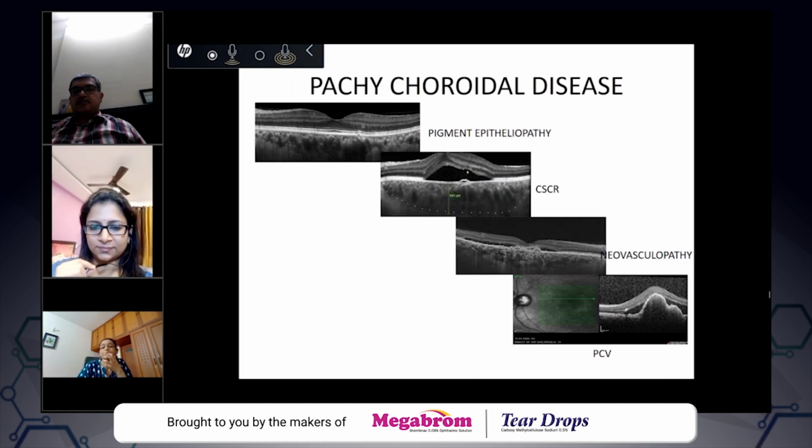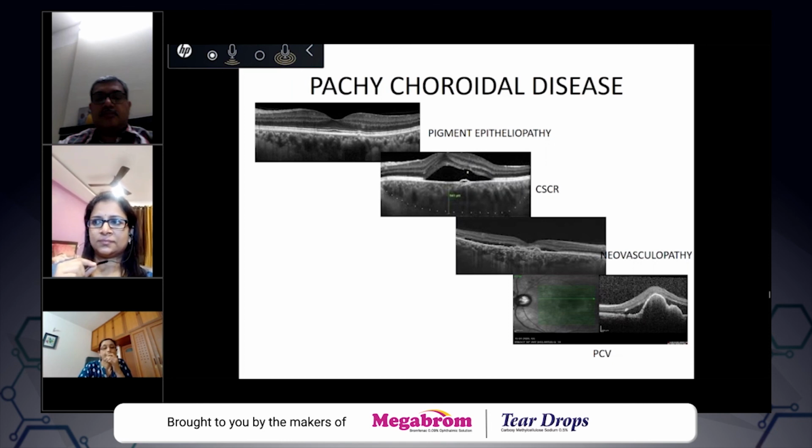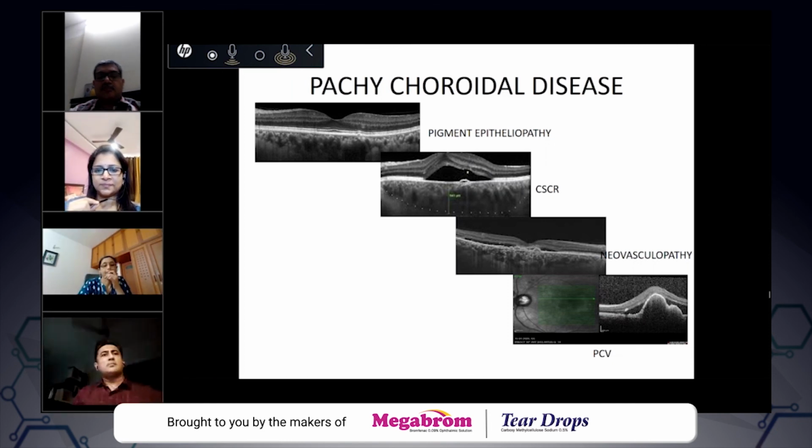Fluorescein angiogram again will have similar leaks, but the history will actually help you. And it will be a unilateral disease. This will be a bilateral disease, I mean, majority of cases. So clinical history, clinical examination is definitely more important than your investigations.